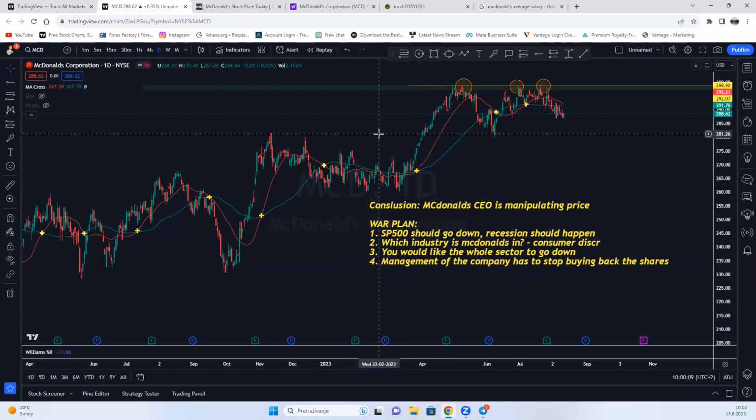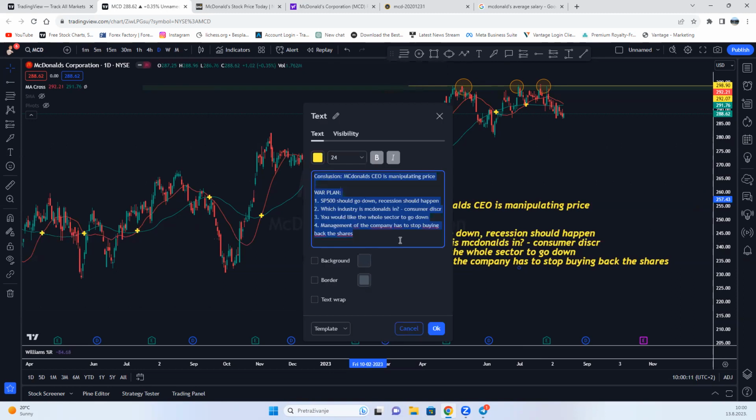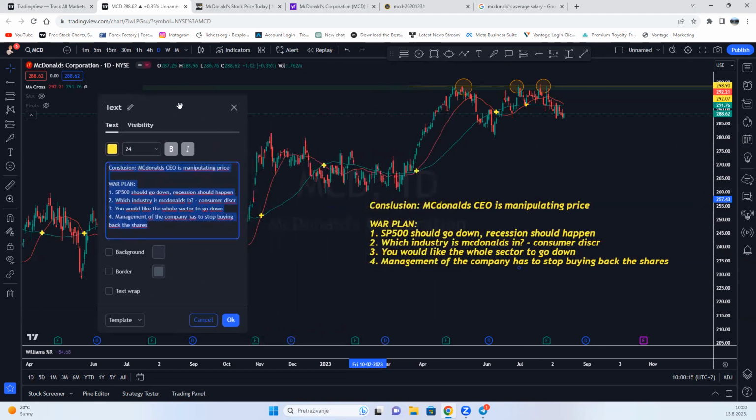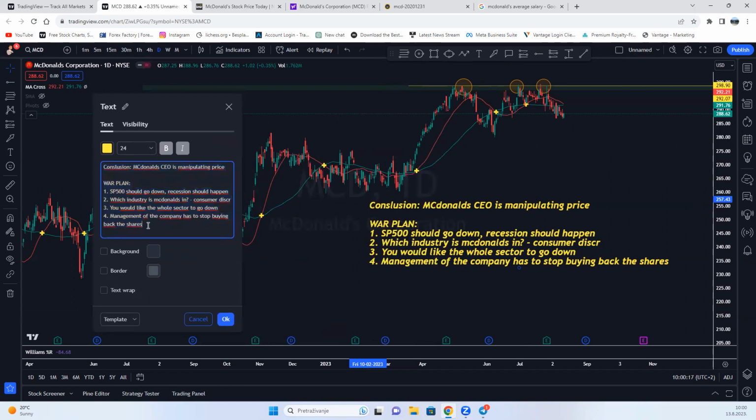What you see now is that they are buying back the shares, but they are also using this money so they can still sell their own stocks at higher value, so they make money. Who cares about the employees of McDonald's who has a $3,000 paycheck or $2,000 and has to pay his rent? Who cares about them, right? He needs to make his millions. So this is a plan of action. Management of the company has to stop buying back the shares.